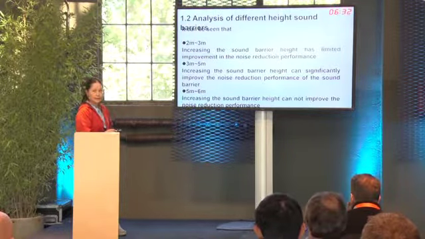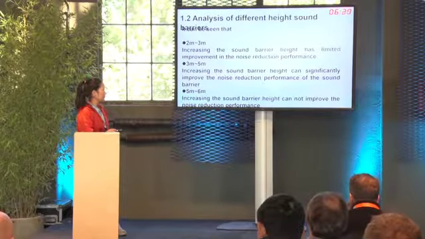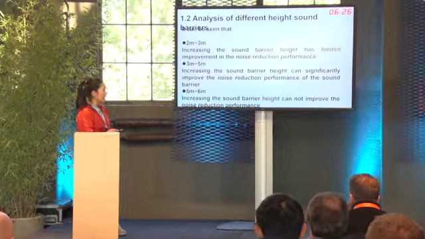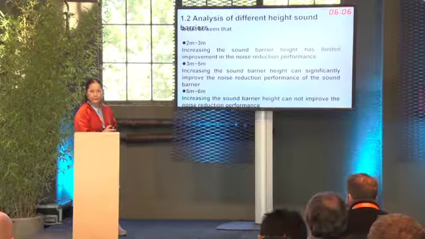And from 5 meters to 6 meters, increasing the sound barrier height cannot improve the noise reduction performance. We are using it in sound barrier design in China's high-speed railway, and it has been applied in the Beijing to Shanghai high-speed railway.